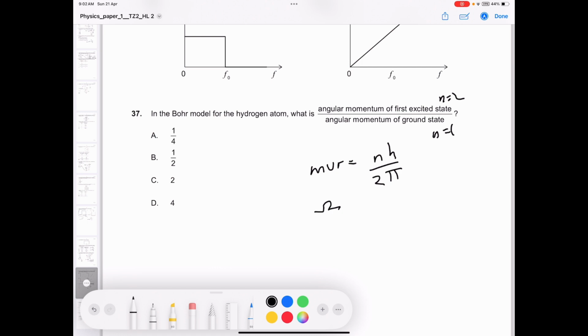So for n is equal to 2, we're going to get 2, and for n is equal to 1, we get 1. h and 2 pi are constants, so we don't have to worry about those. So this is actually quite an easy question. The answer is 2, C.